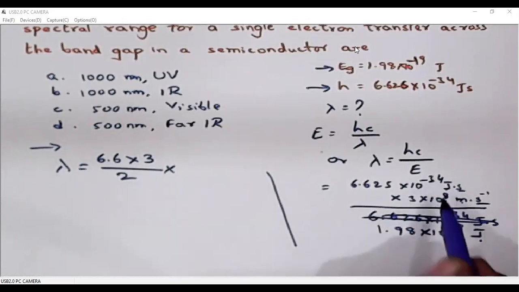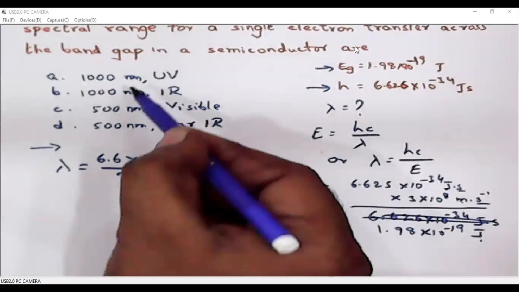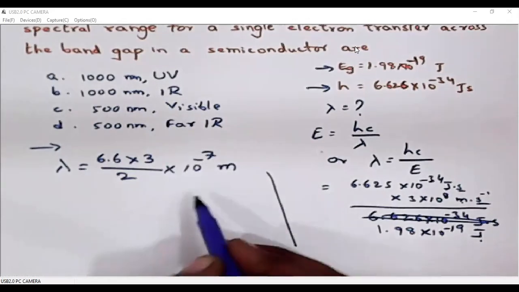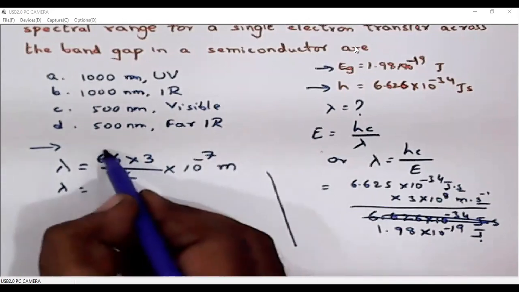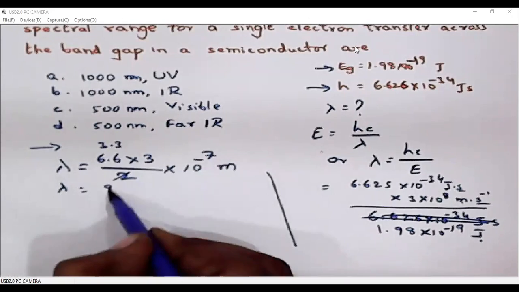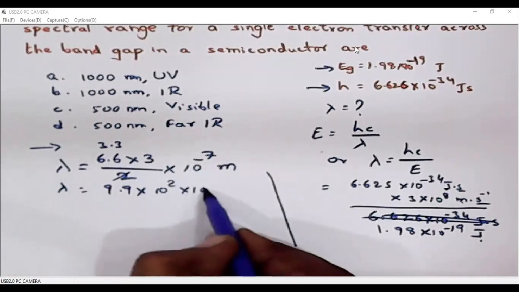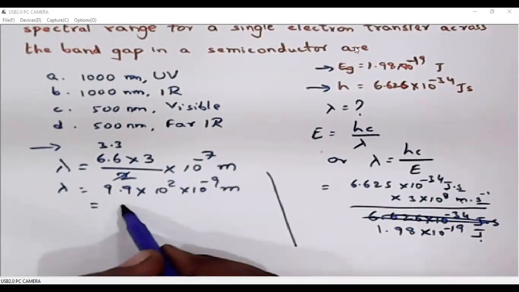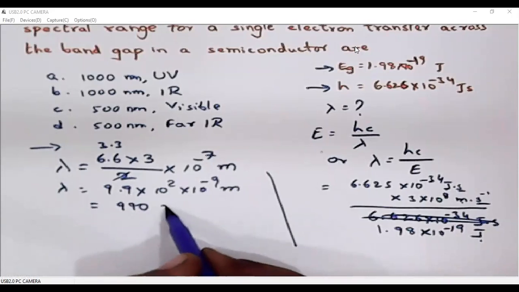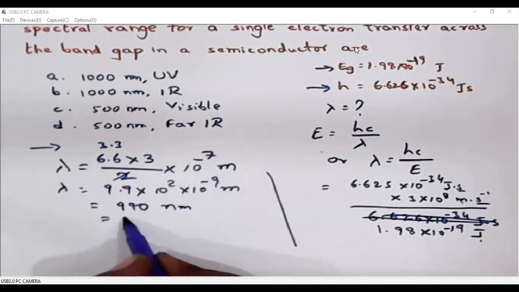Minus 34 plus 27, it is minus 7 meters. Now we were given in terms of nanometers. What is nanometer? 10 power minus 9 meters. We can cancel it. 3.3, so it is 9.9 into 10 power 2 into 10 power minus 9 meters, or 990 nanometers. The answer is 1000.